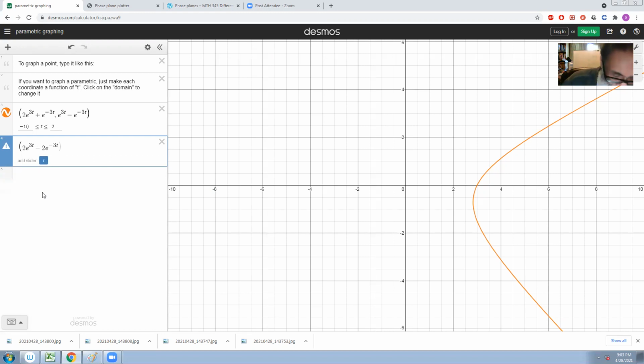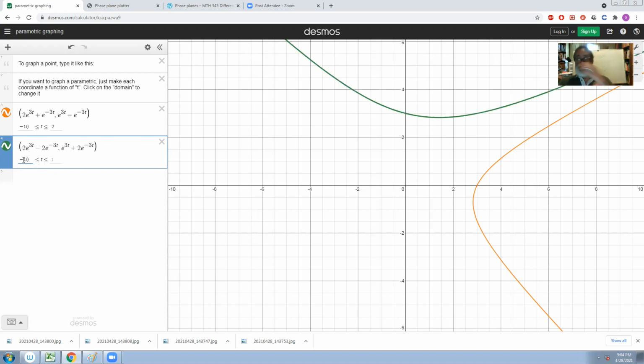And then we would get e to the 3t plus 2 e to the minus 3t. And notice this part right here, I'm going to let that go to -10. We can see we get that sort of hyperbola action right there.